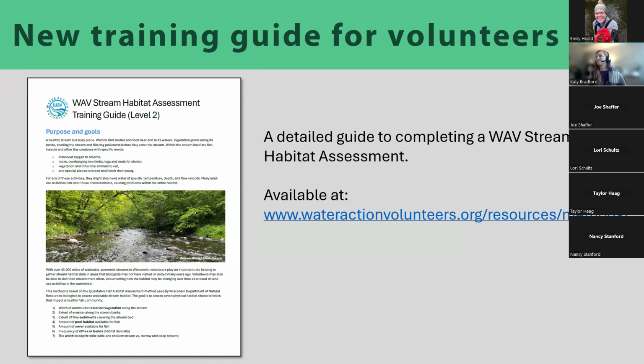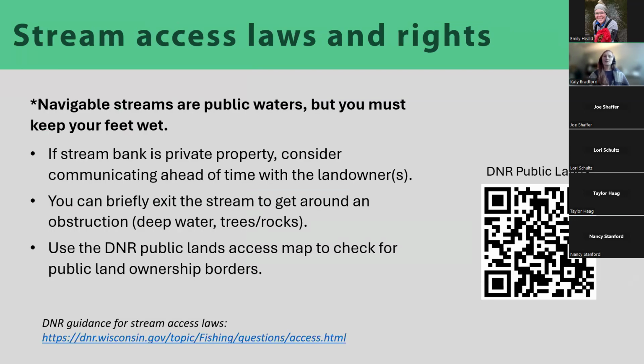I also wanted to briefly cover stream access laws and rights, since by doing this you will be wading a fair distance along your stream, and you may have public or private property on the different stream banks. Navigable streams are public waters, but you have to keep your feet wet.